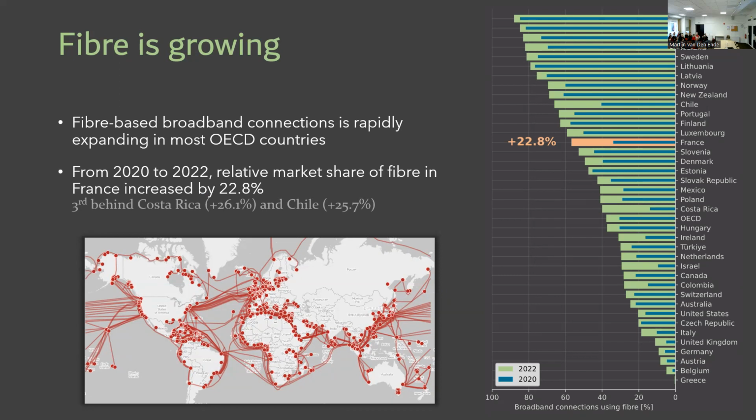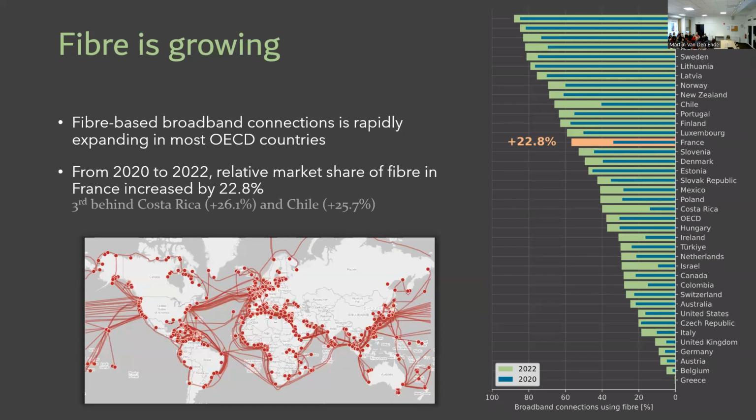This graph here on the right indicates the percentage of broadband connections that are using fiber. I just highlighted France in here. The blue bar is the percentage in 2020, and then it goes up to 2022.